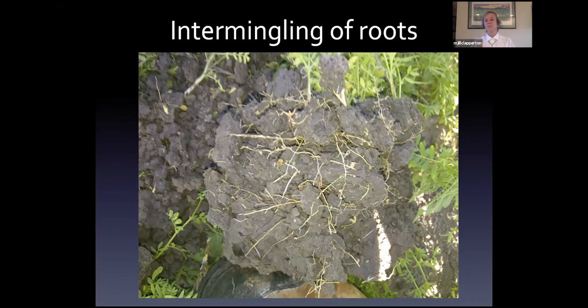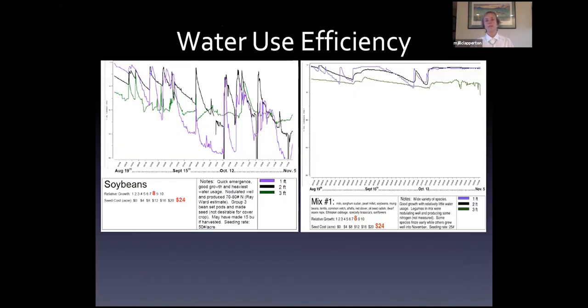So it works really nicely. The other thing about this is when you have monoculture, this is your water use. This is courtesy of Green Cover Seed. And this is your water use, the drawdown, at the same time, this is just soybeans. And then look at this mix, 12 species.